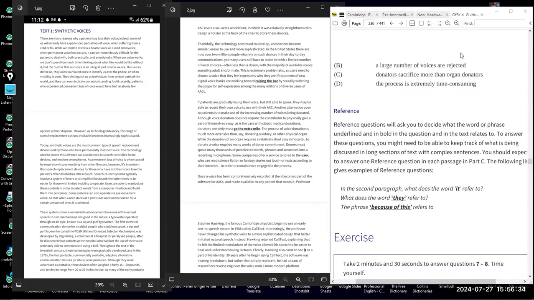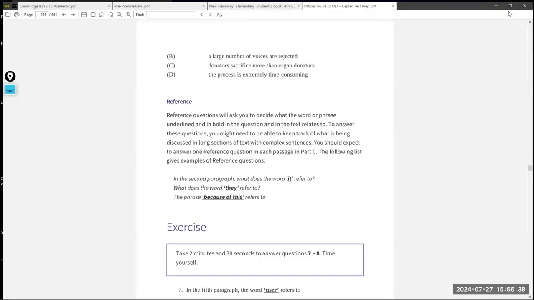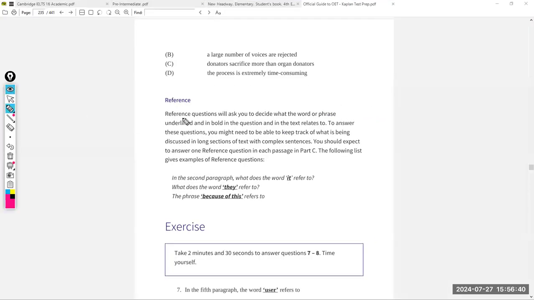Now, let's talk about the final type of questions, which is reference. Now, when I say reference, reference questions will ask you to decide what the word or the phrase underlined, or maybe written in bold in the question, absolutely in the text, refers to, or relates to.